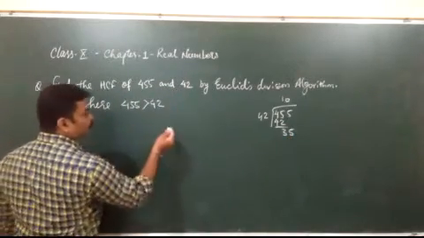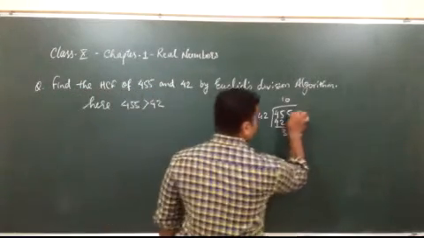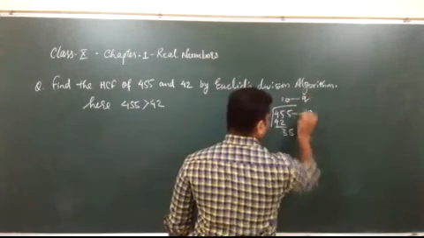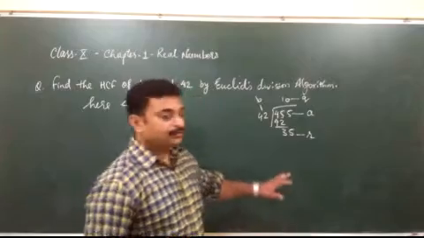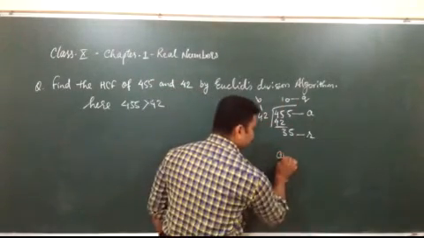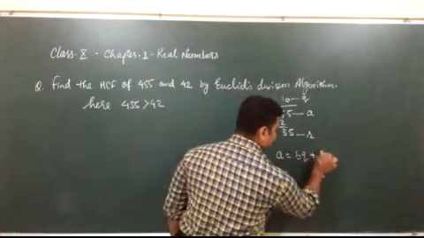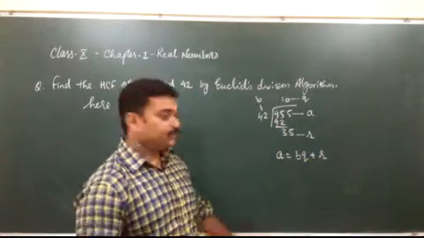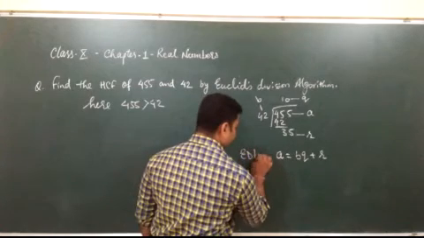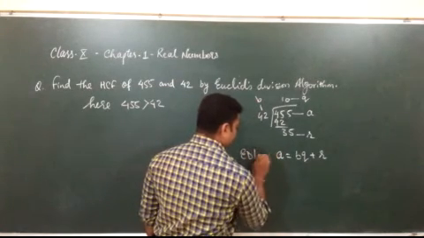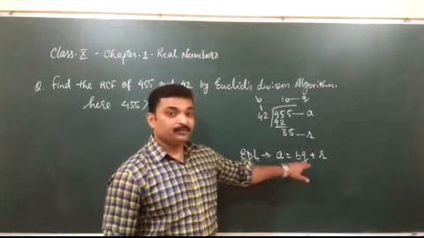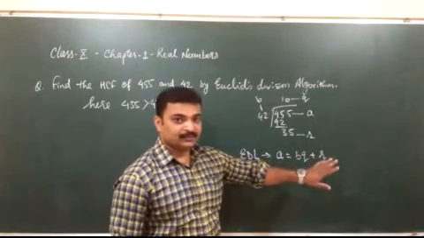Here it is A, it is B, it is Q and it is R, according to Euclid's division lemma. According to Euclid's division lemma, A is equal to BQ plus R. Clear?